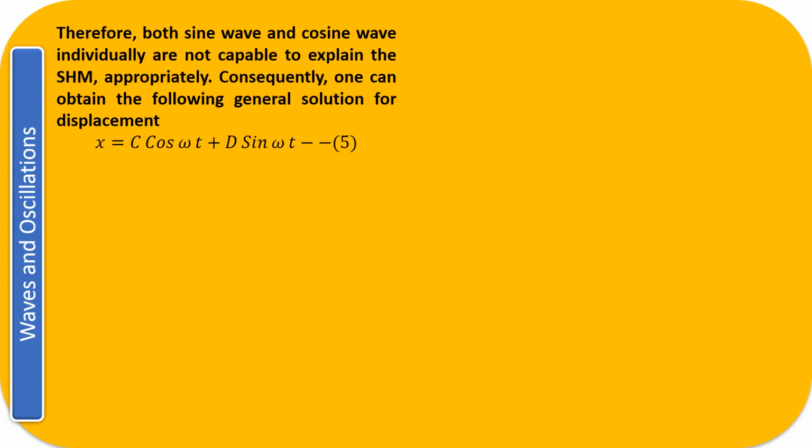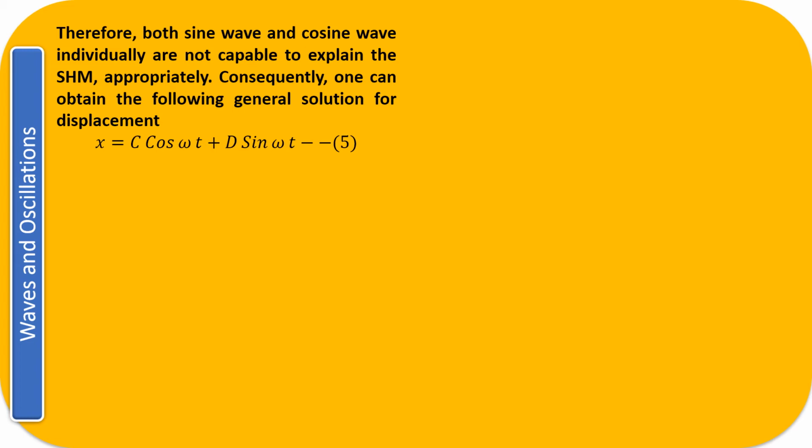Now, the equation that we have taken, x equal to a sine omega t or x equal to a cos omega t, is not correct. In fact, we should take both sine and cos together. That is, the sine wave and cosine wave individually are not capable of explaining the SHM appropriately.